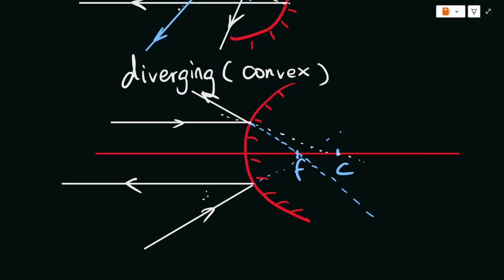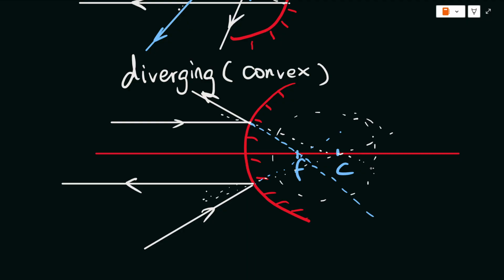The normal line, again, still goes through the center. So for a diverging mirror, all the imaging and the converging of the light rays happen behind the mirror, where we as observers cannot actually see the image.